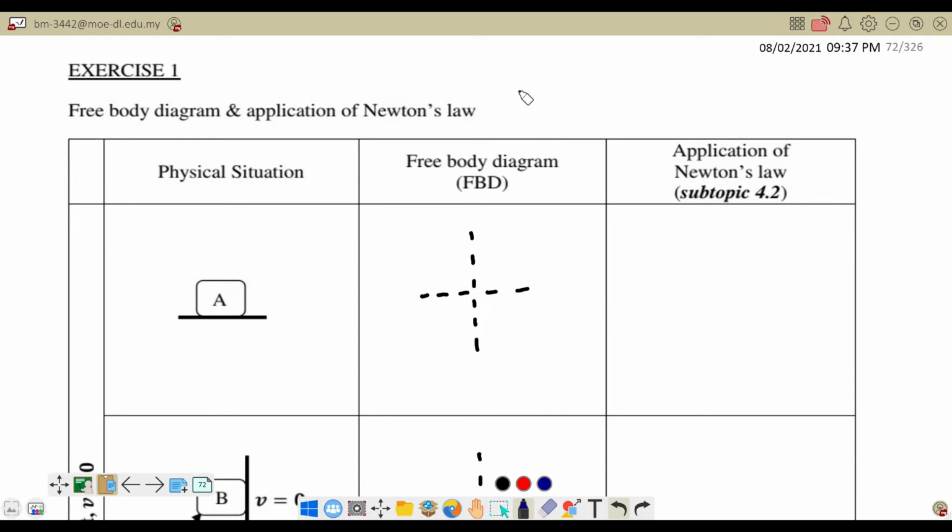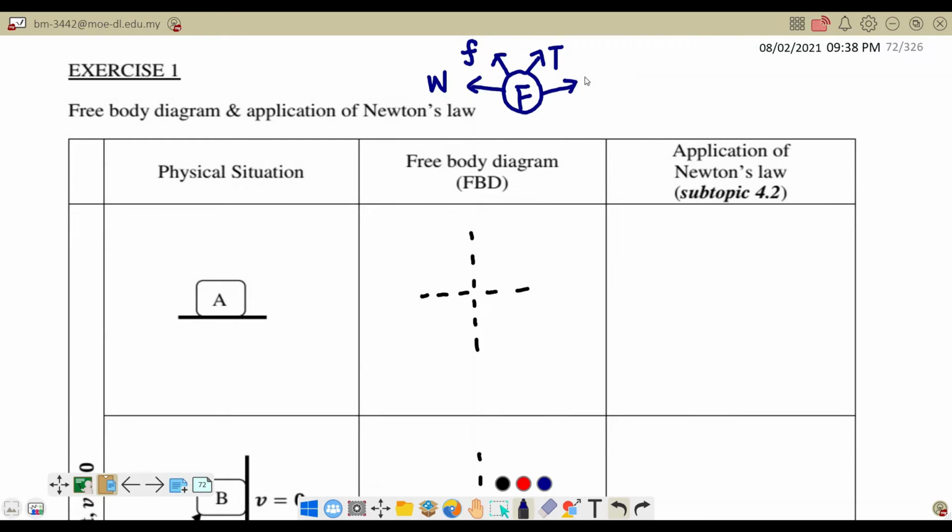Actually, we have 5 types of force. The first one is weight, where the direction is always acting downward. The second one is the frictional force. When there is a rough surface, there is a frictional force, and the direction is always opposed to the motion. The third force is the tension, and tension happens when there is a string or wire.